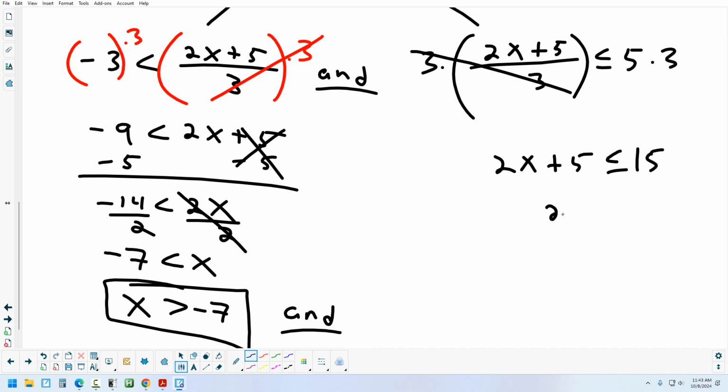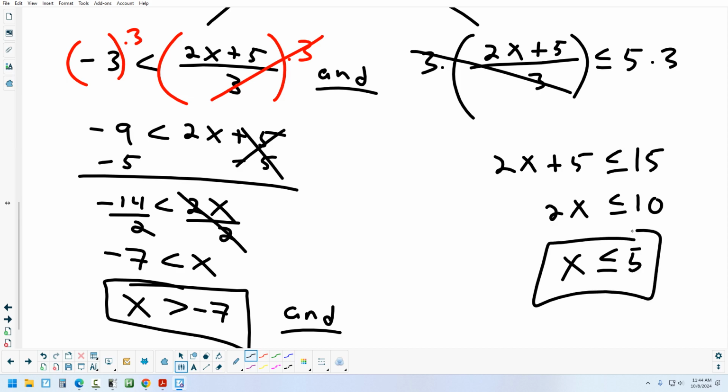Minus your 5. And what am I going to get for my final answer? Yeah. X is less than or equal to 5. Yep. So x is greater than negative 7 and less than or equal to 5.